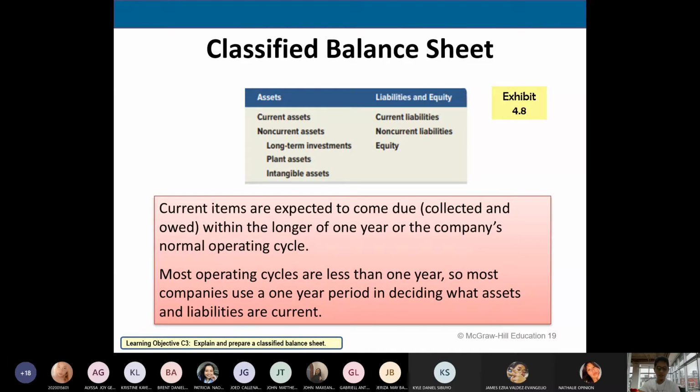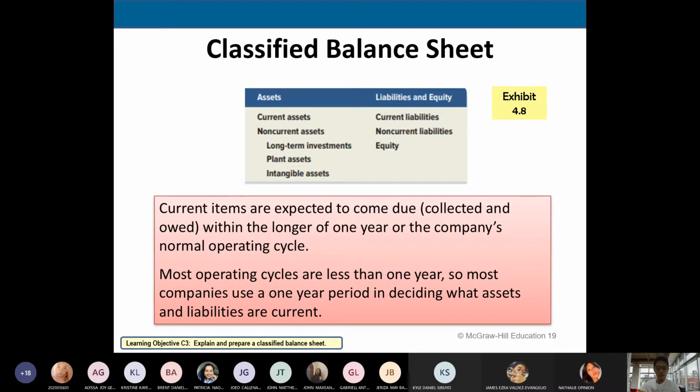Meron kang isang receivable na ang expected collection date mo is June 2022. So that means longer than 1 year, no? Or longer than the normal operating cycle of the entity. So since after 12 months mo pa siya makokolekta, ang presentation natin dun sa asset na yun is non-current asset.